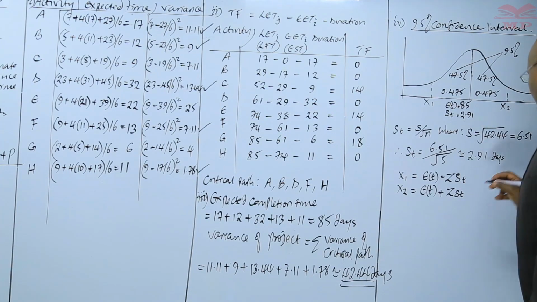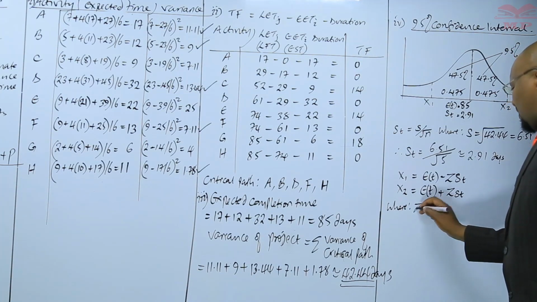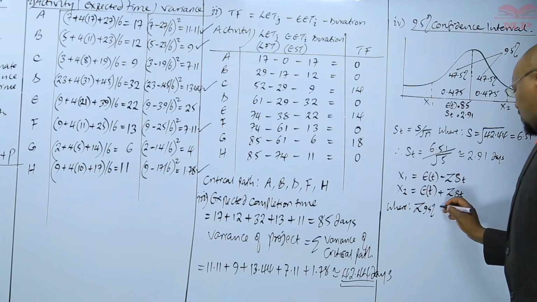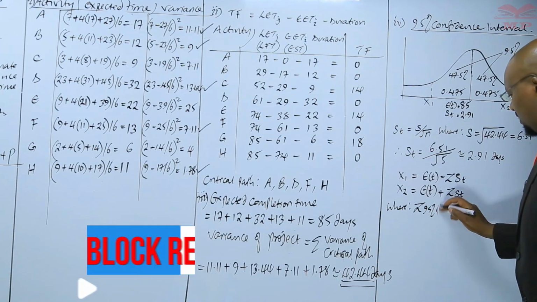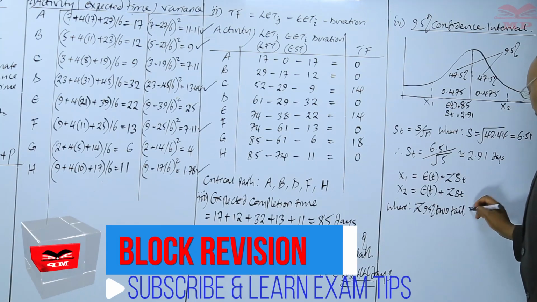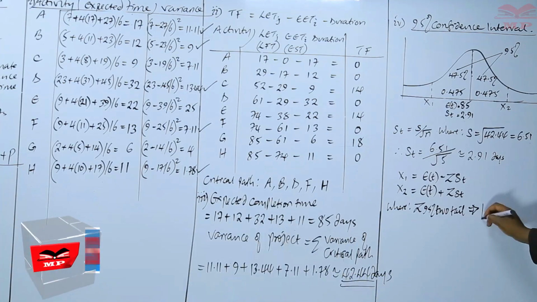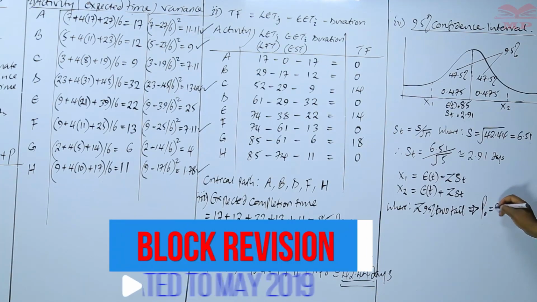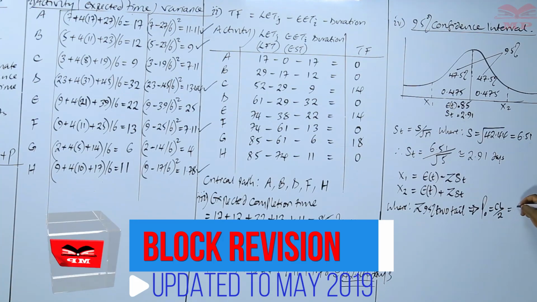So to get Z, where Z at 95%, two-tail. Two-tail means the probability we are looking for here will be CL over 2, which you know is 0.475.